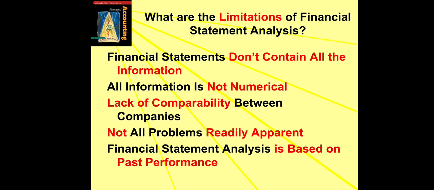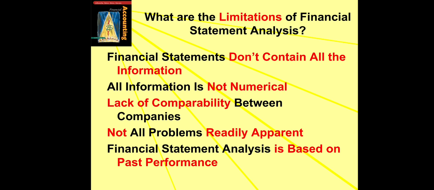Okay, sometimes when you do the financial statement analysis, let's say for company A, you do the ratio analysis, for example, and then you conclude something. After you conclude something, you have to be aware that financial statements do not contain all information. Sometimes the number says the company is good, but there is something else that is not included in the financial statement.